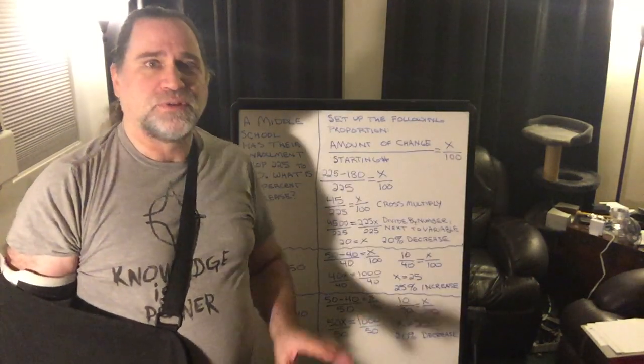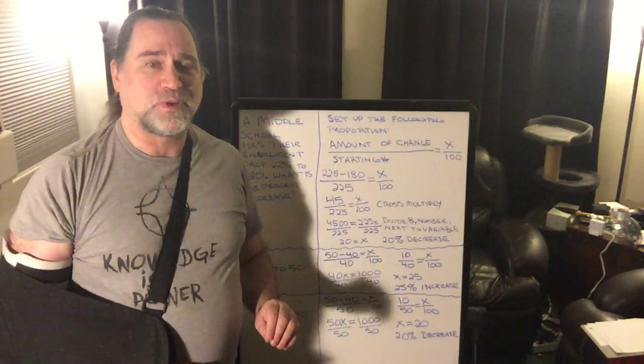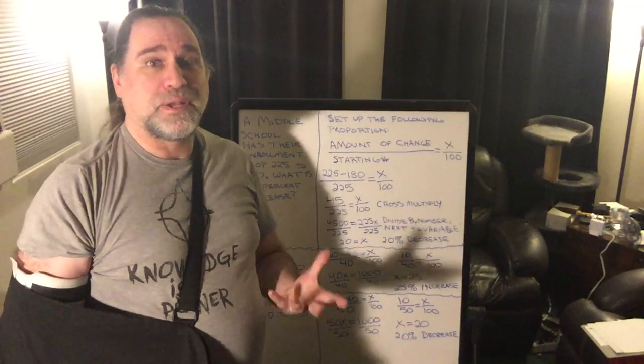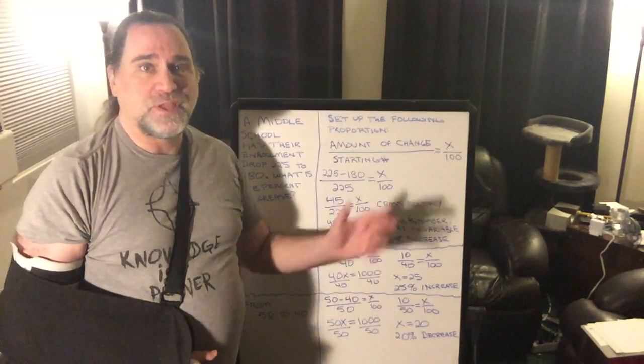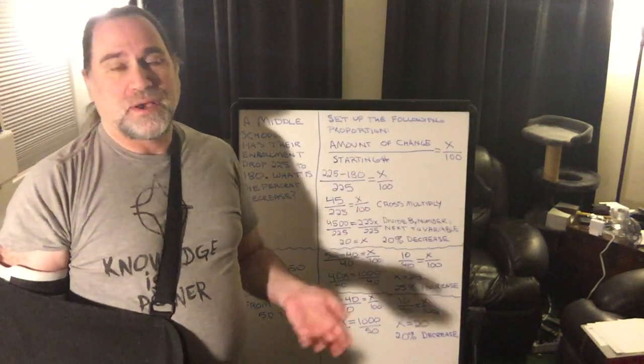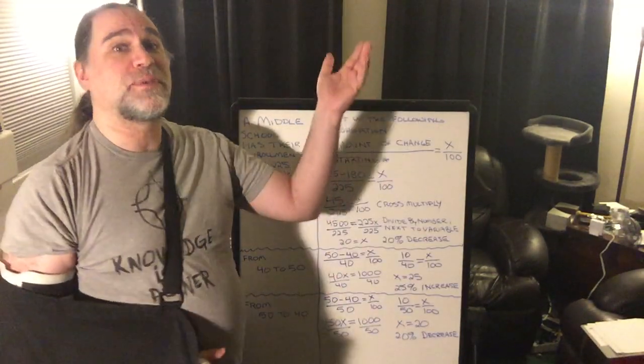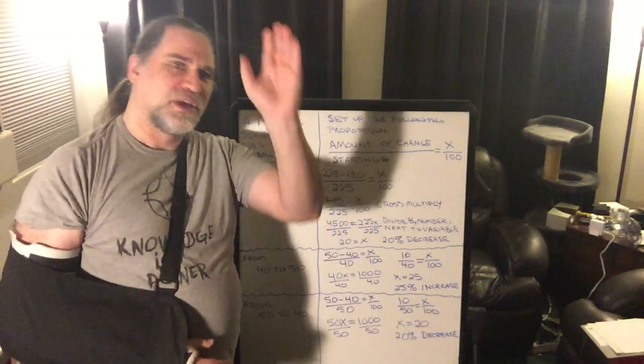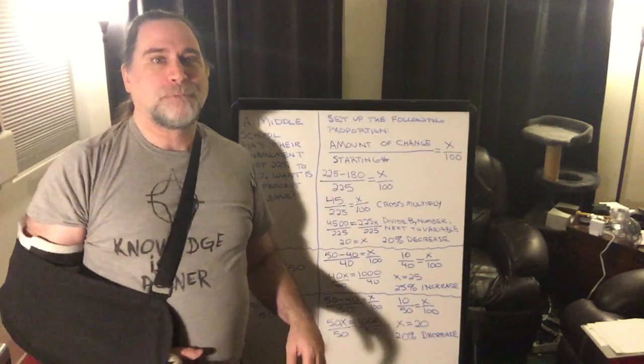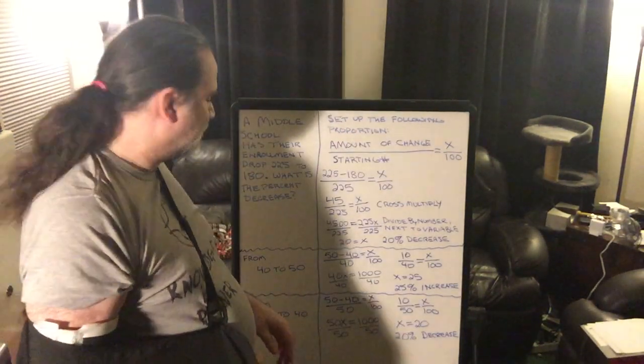Now, there are ways to do it, but very few and very infrequently. But up, sky's the limit. There's nothing that says I can't go from buying something for $2 to making it $1,000, and that would be a very big percent increase. We'll talk about that when we get to markups and discounts in the next video.